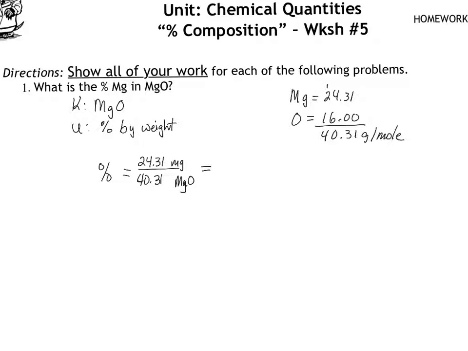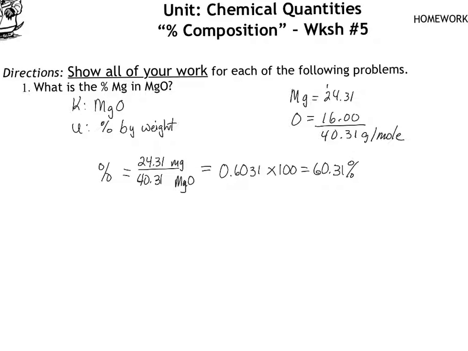Solve this fraction, and your calculator answer will be 0.6031 if you're rounding. I'm going to need to multiply that by 100 because I want a percent, which will give me 60.31%. Now, there's no significant figures here.